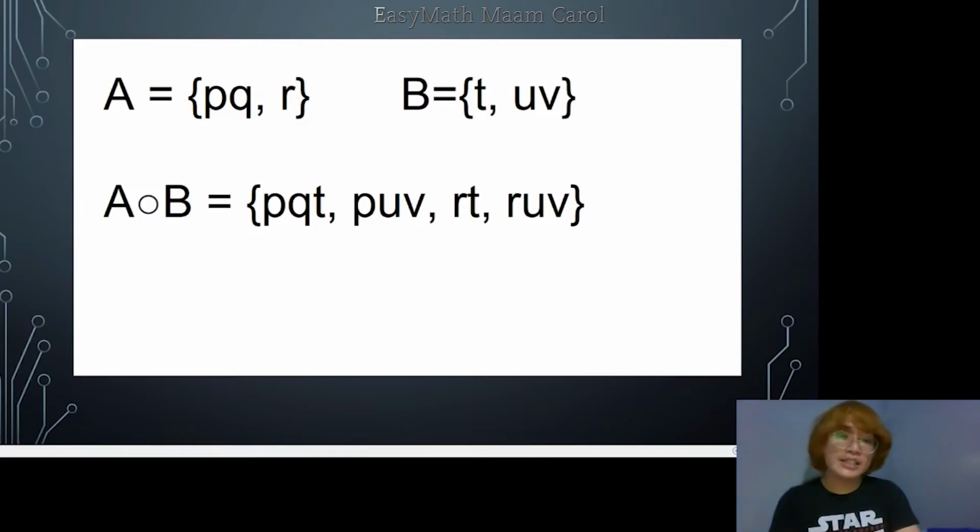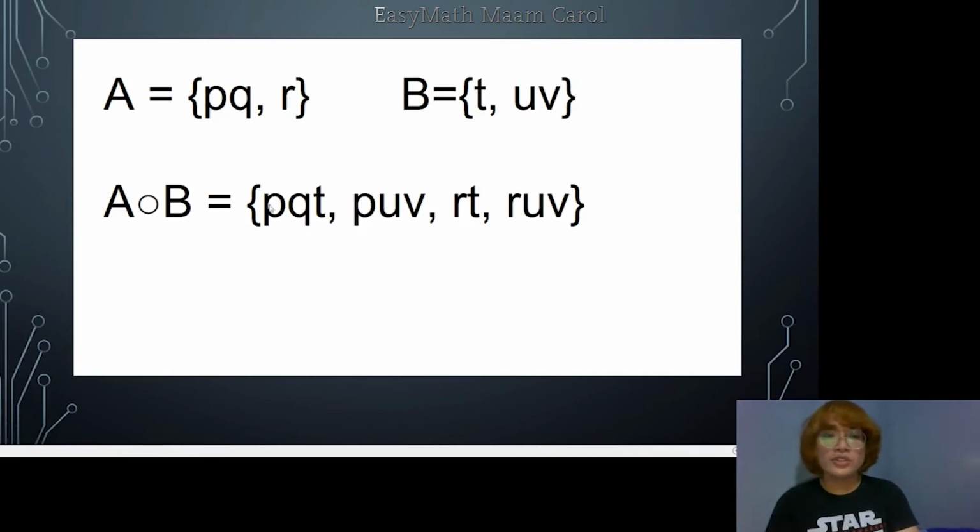A concatenated with B gives: PQ is multiplied with the elements inside B, so PQT, PQUV, and then R is multiplied with the elements of B again, so you get RT and then RUV.